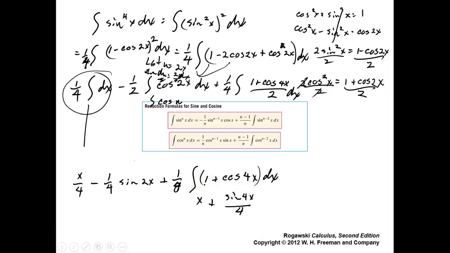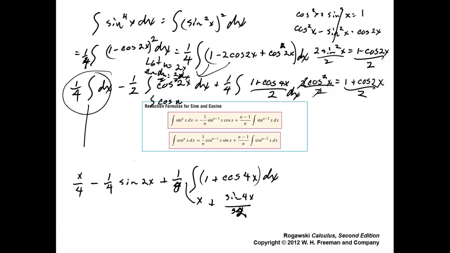All that's multiplied by 1/8, so that would be 1/8 x, and then the 1/8 goes with the x, but this combines with that to be a 1/32, 4 times 8. We already took the 2 in the denominator to the outside.